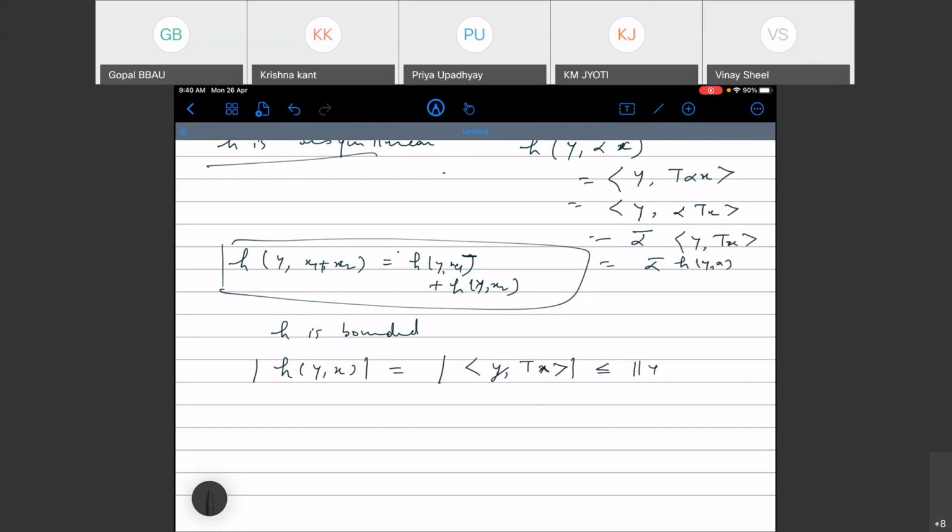It will be norm y norm Tx, and norm Tx is less than or equal to norm T norm x, correct? So this is nothing but norm T norm x norm y. So this gives h is bounded. So now you are in a position to use the theorem that we proved for sesquilinear functionals.